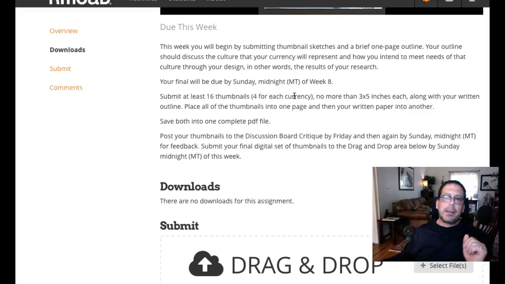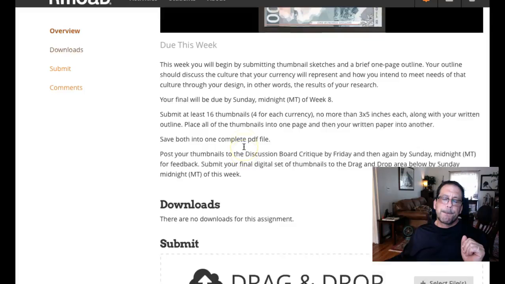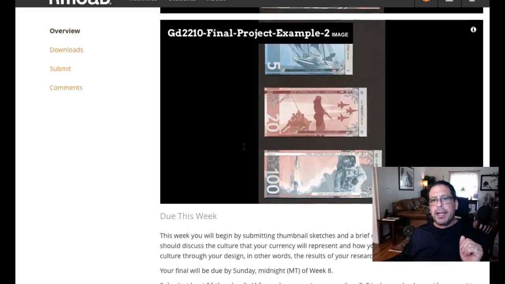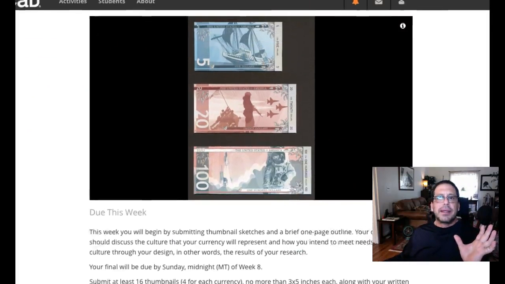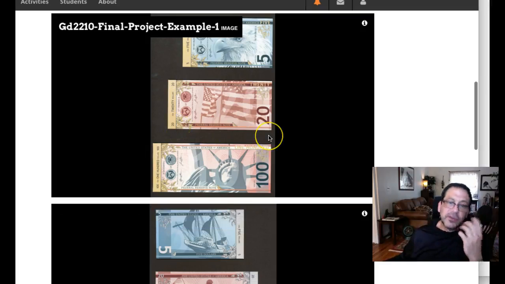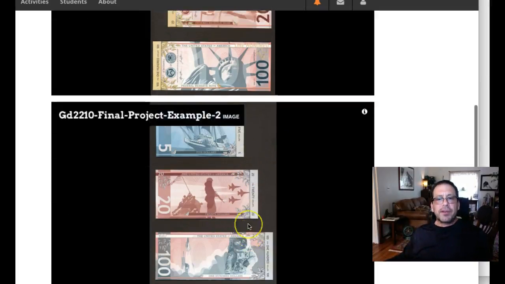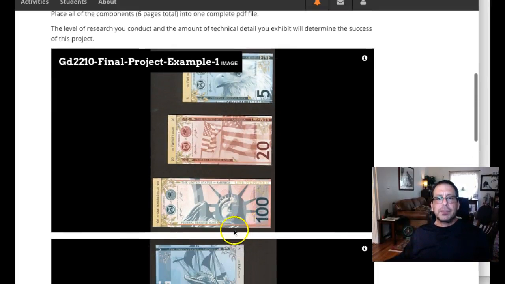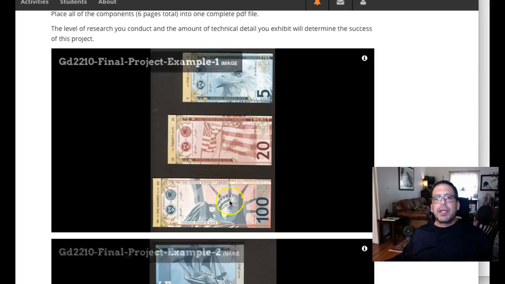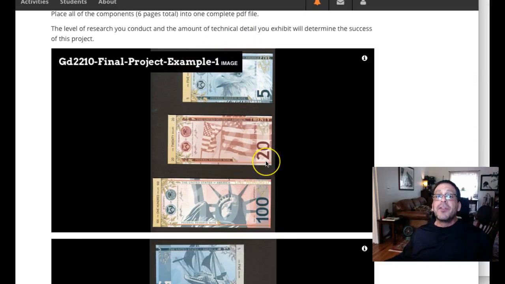Okay, so what does this mean? Okay, and how do we do this? And this is a really good example here because it's using American currency, and that's something that we all can identify with. So in this particular case, in both of these examples, the designer has elected to present the $5, the $20, and the $100 bills all in different sizes.